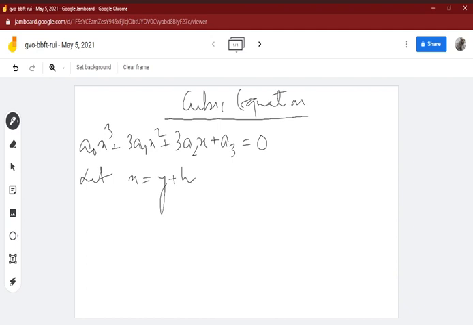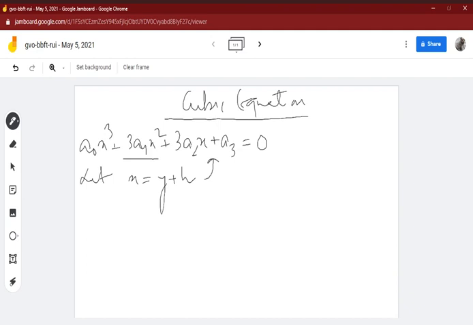Okay, let x equals y plus h be a transformation in this equation. Then we have to find the equation with this transformation, in such a way that we will not get the second term.